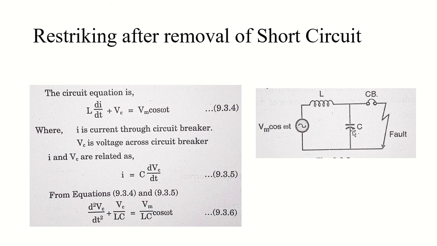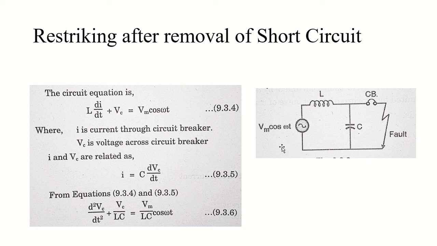So for the analysis of the circuit, the time is measured from the instant of fault interruption. And how do we do it? By using this formula, you already know the equation. You know how to form the equation for this circuit, right? It is basically an LC circuit, so it will be L di by dt plus VC, the voltage across the capacitor, equal to my voltage source Vm cos omega t.